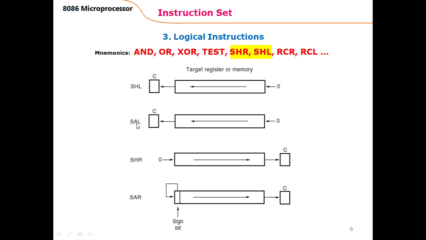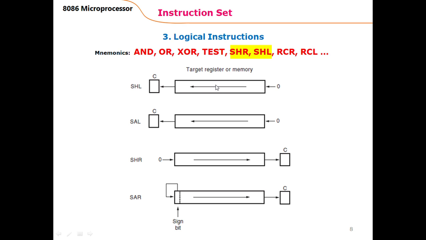And similarly for shift right, this is logical shift right, and this is shift right, but arithmetic. Shift left logical and shift left arithmetic are the same, as these diagrams show. But shift right and shift right arithmetic are slightly different from each other.